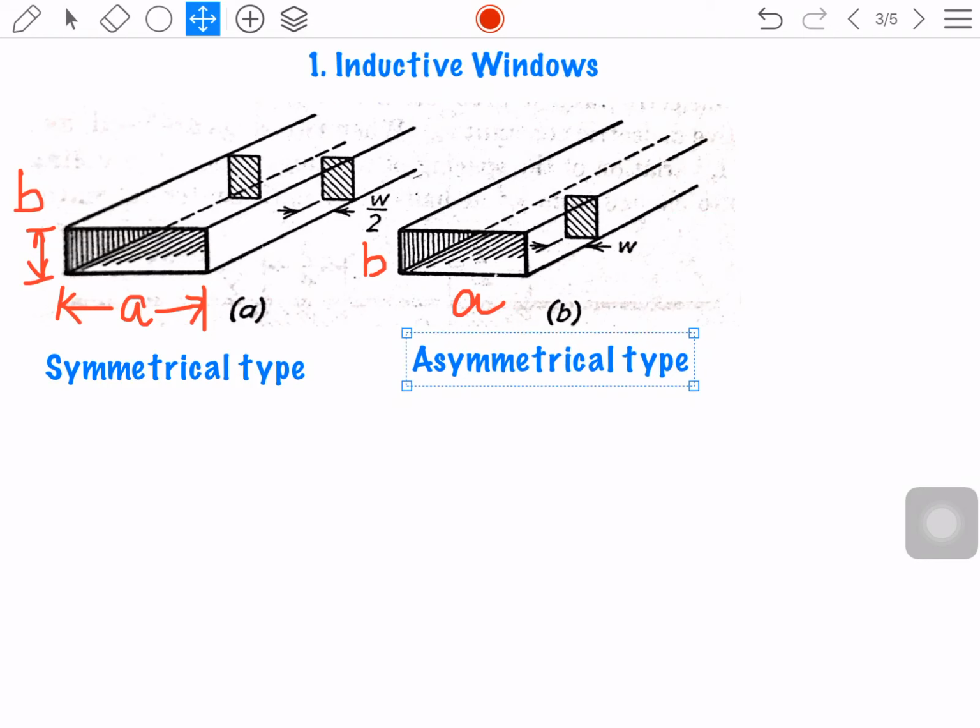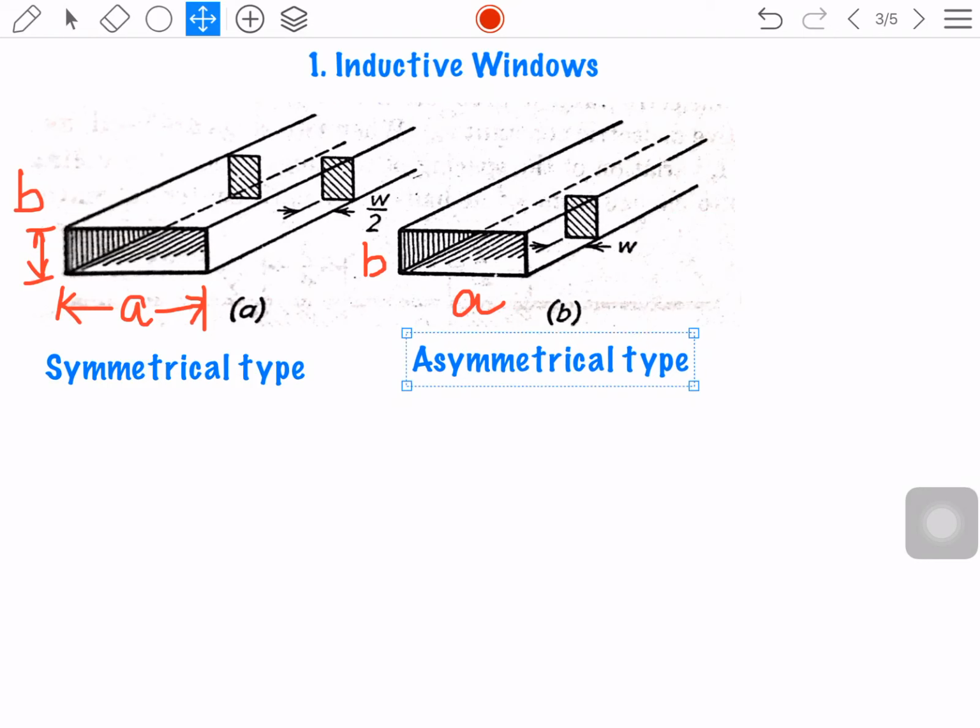Conducting diaphragms extending into a waveguide from the side walls, as shown in figures A and B, have the effect, if the thickness of the diaphragm is small in comparison to the wavelength, that inductive susceptance is added across the waveguide at the point where these diaphragms have been placed.